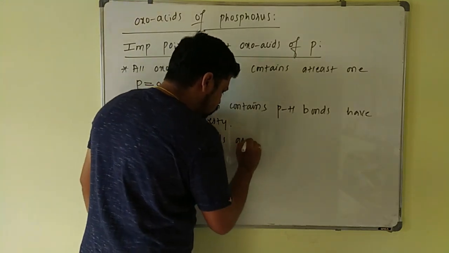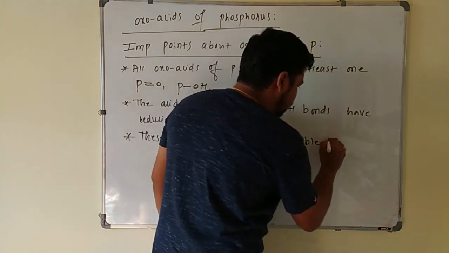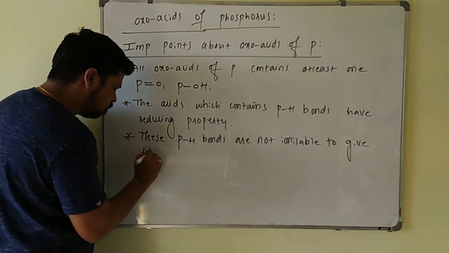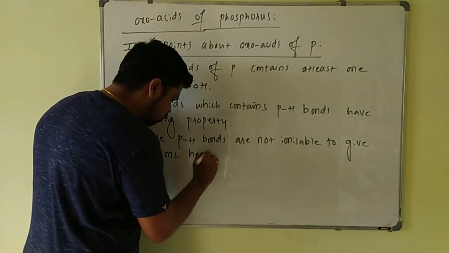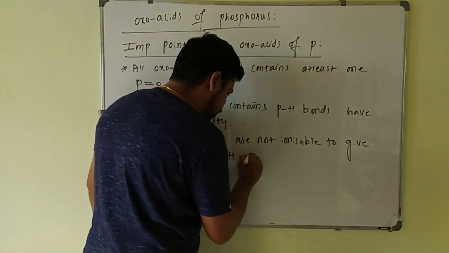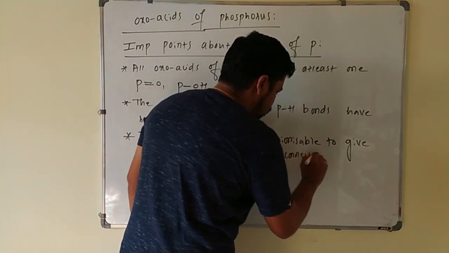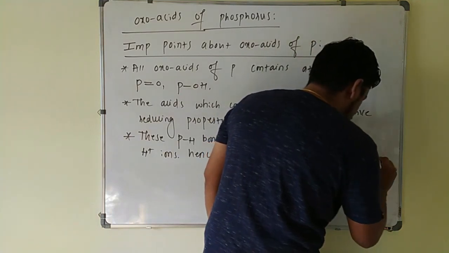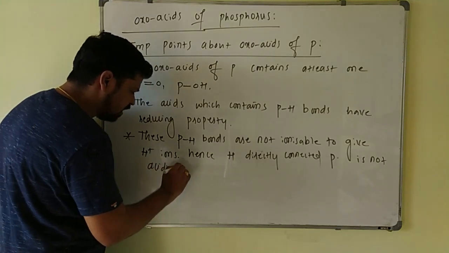these P-H bonds are not ionizable to give H+ ions. Hence hydrogen directly connected to phosphorus is not acidic in nature.